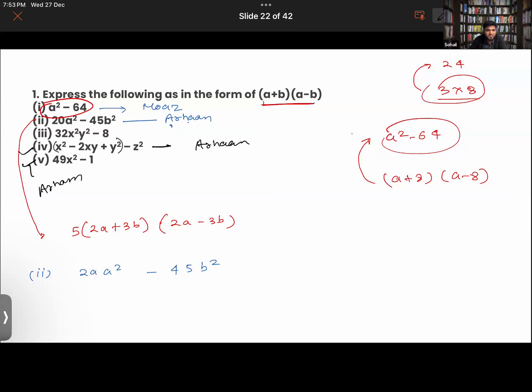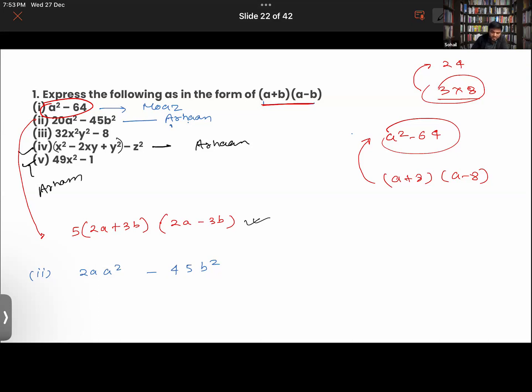Okay, let me have a look at it. That will give you 4a minus 12b and then 6ab minus 9b. Okay, that will cancel out. Yes, that is correct.